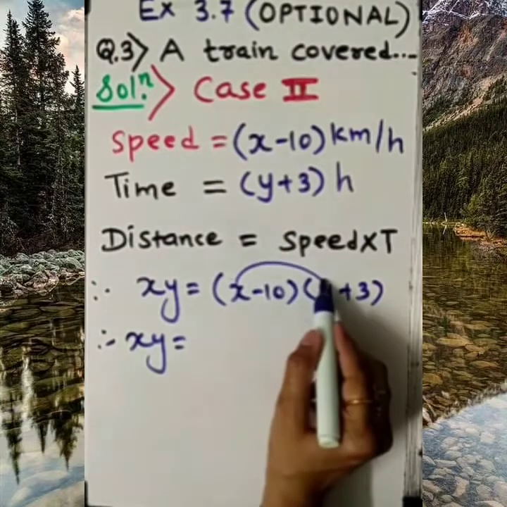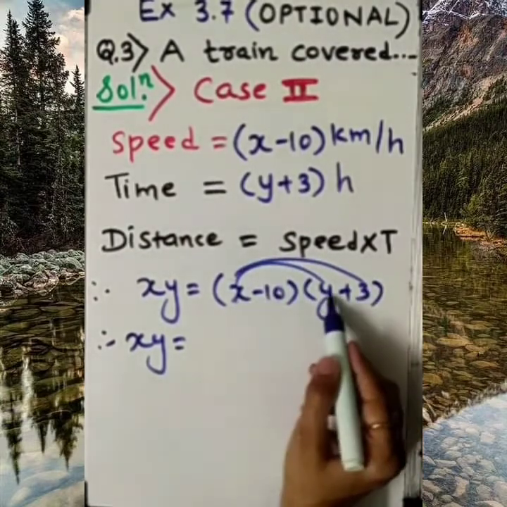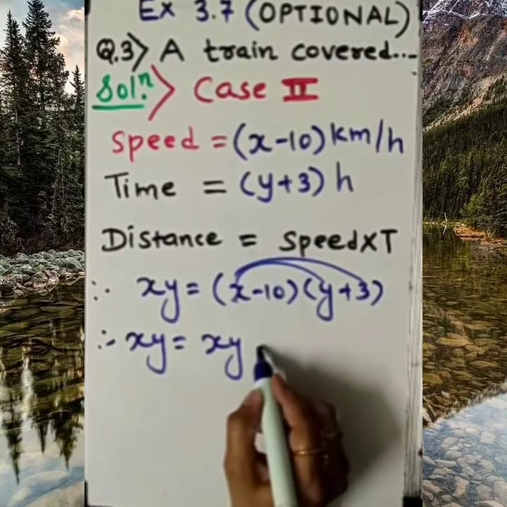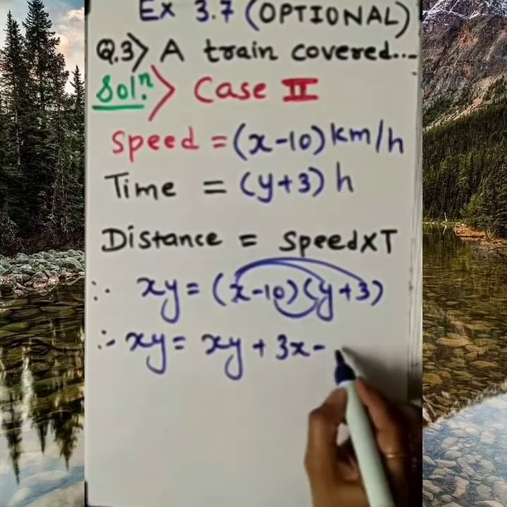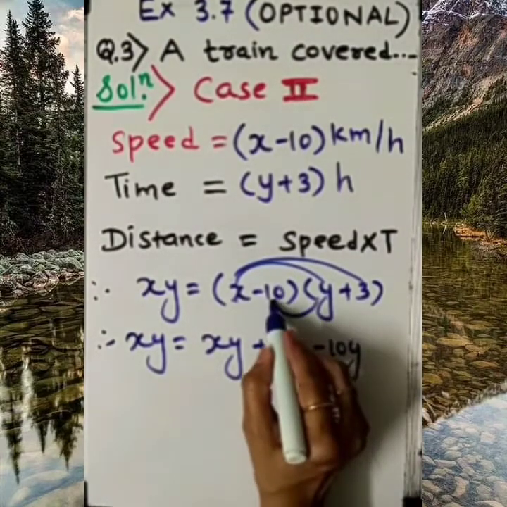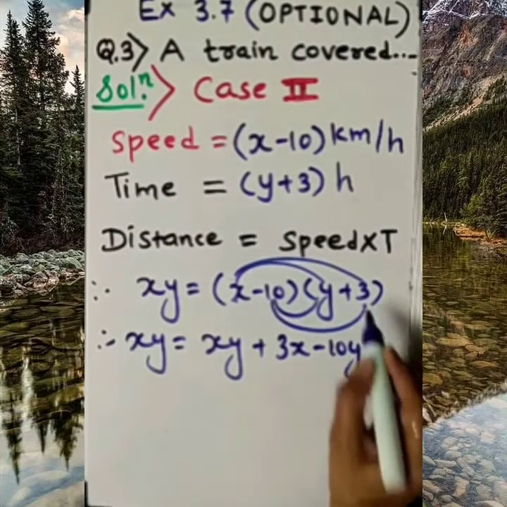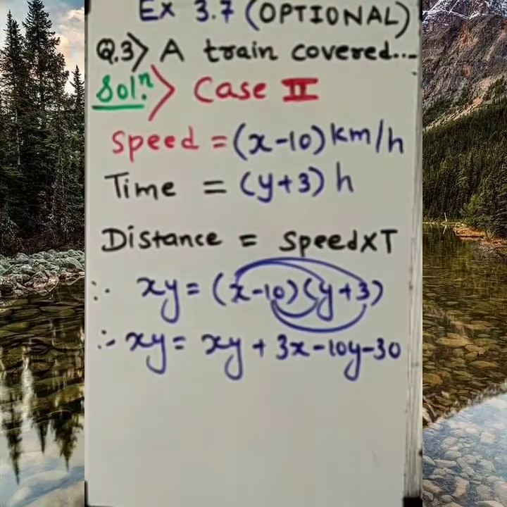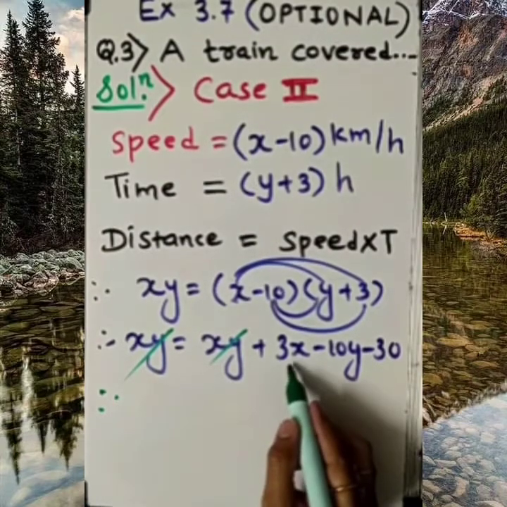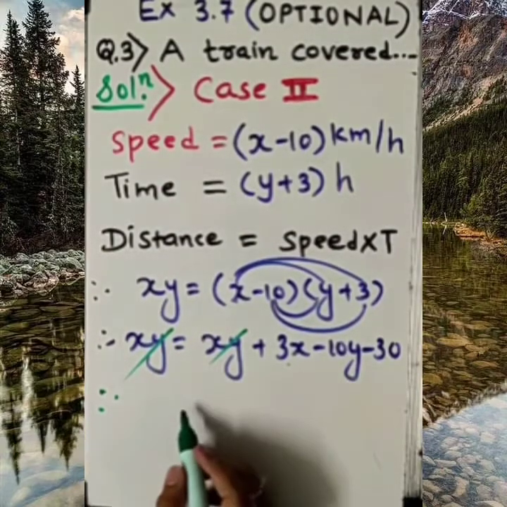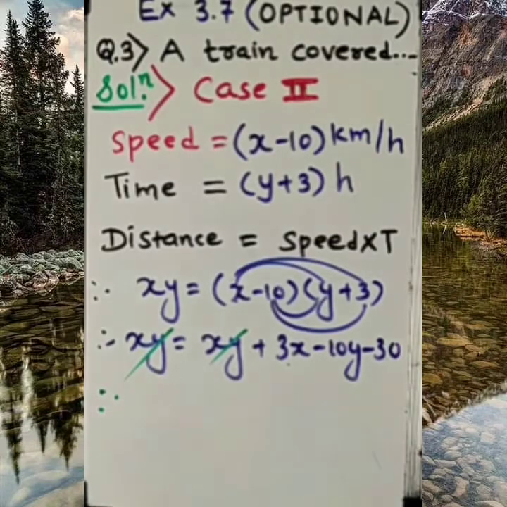Now let's multiply one by one. x into y is xy, 3 into x is 3x, minus 10 into y is minus 10y, and minus 10 into 3 is minus 30. As usual, we again have the same condition: xy will cancel. I am bringing the 3x to this side, so it gives minus 3x.